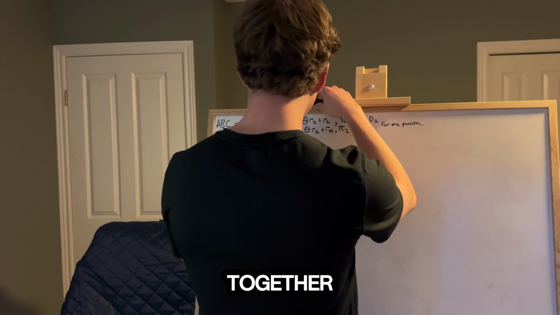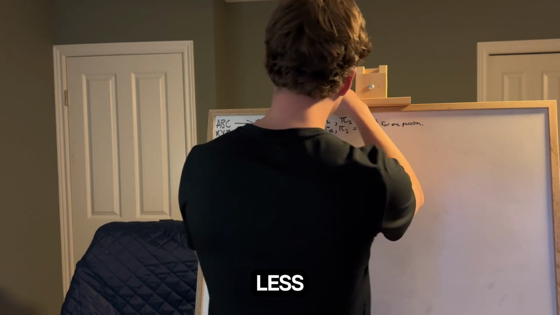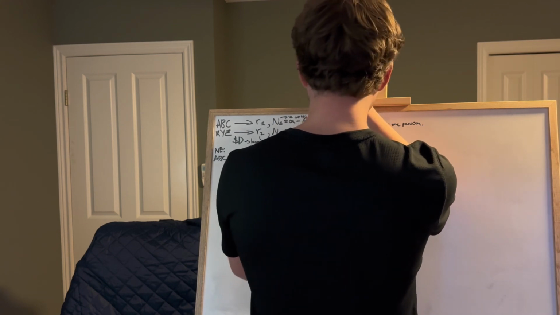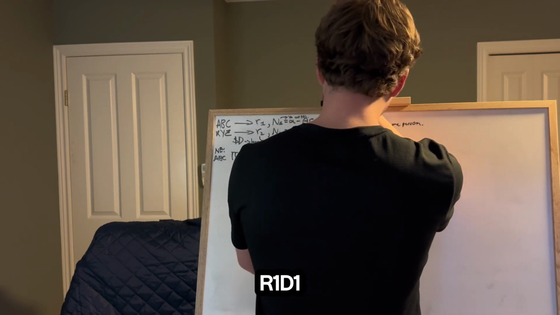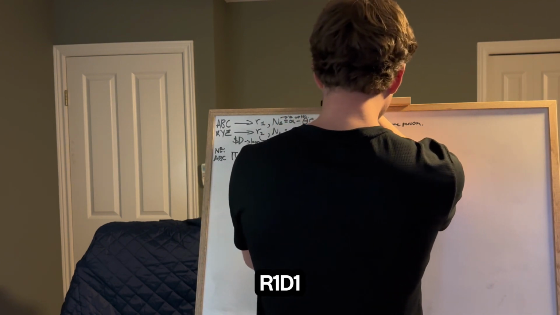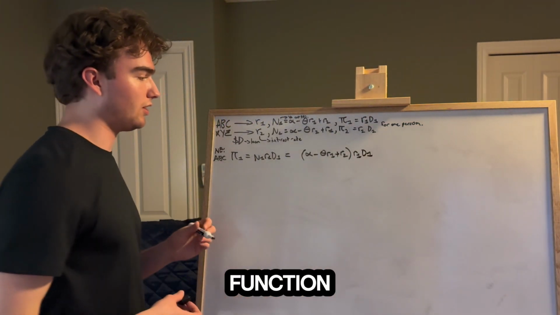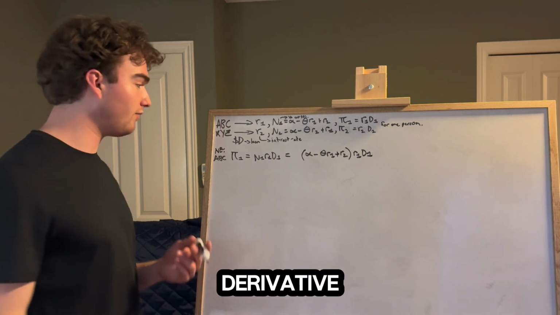So now we gotta put that all together. We know that N1 is equal to alpha less theta times (R1 plus R2). And that is times R1 D1. Okay, so this is your profit function for firm 1. Now we're going to do a partial derivative.